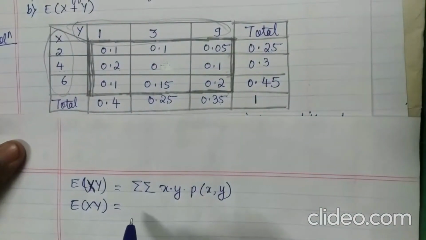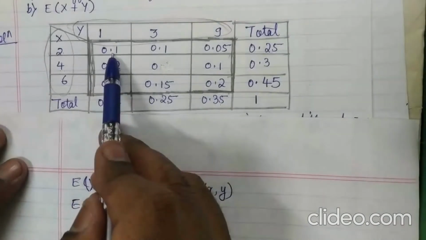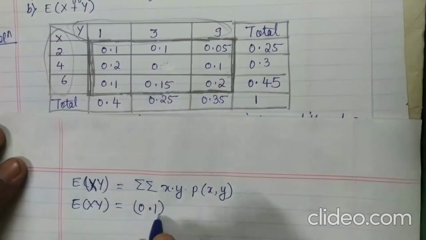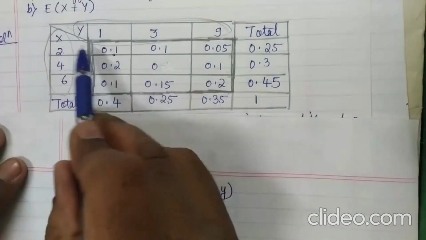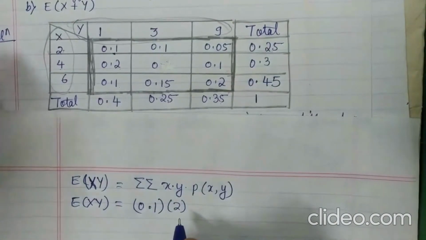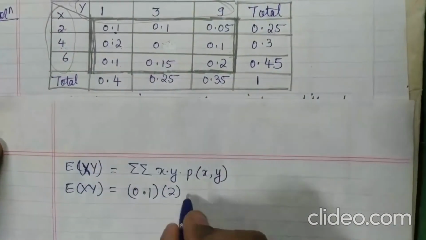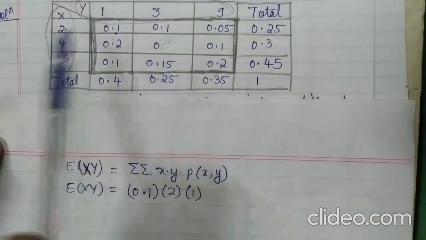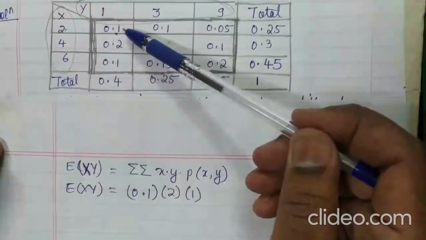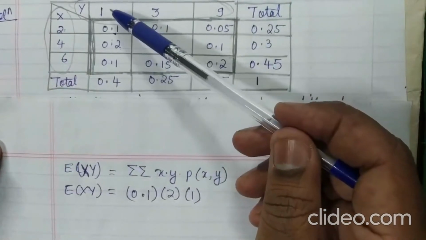E of xy is equals to, the first number in this box is 0.1. So I am writing this 0.1, multiplied by corresponding value of x is 2, multiplied by corresponding value of y is 1. See here, the first number is 0.1. The corresponding value of x is 2. The corresponding value of y is 1.